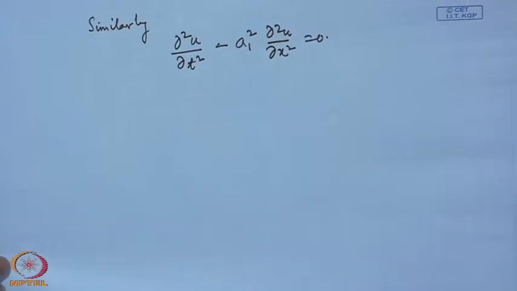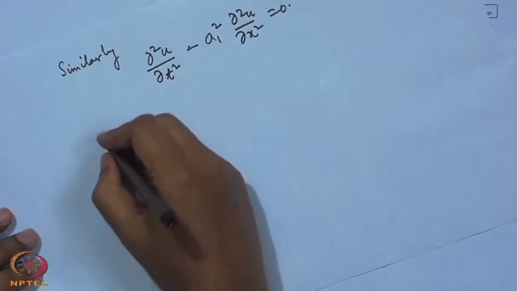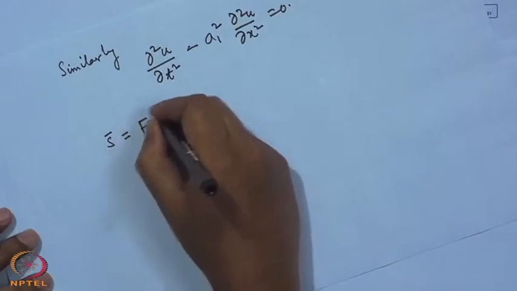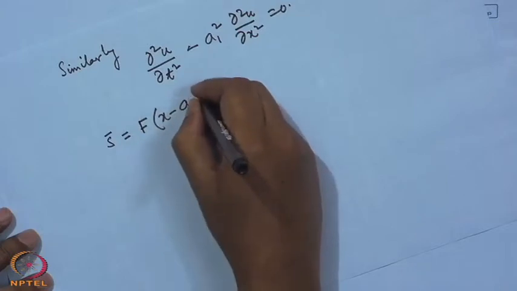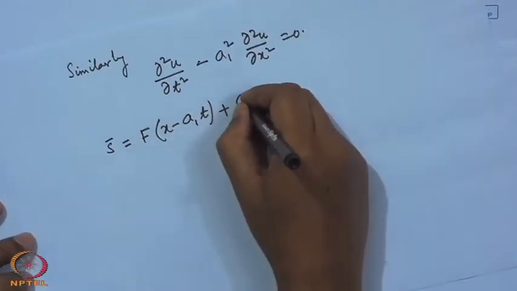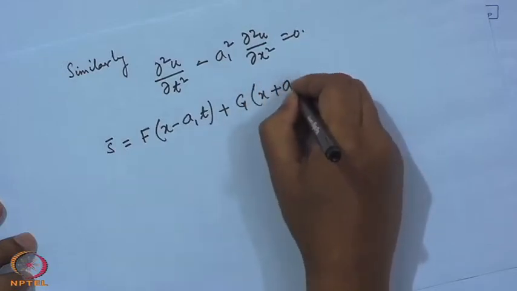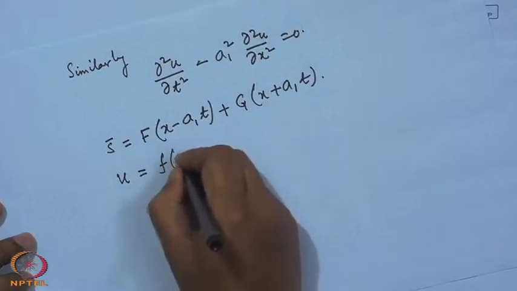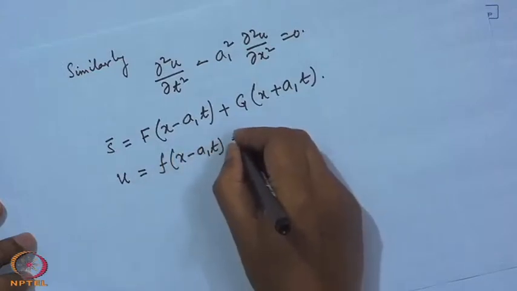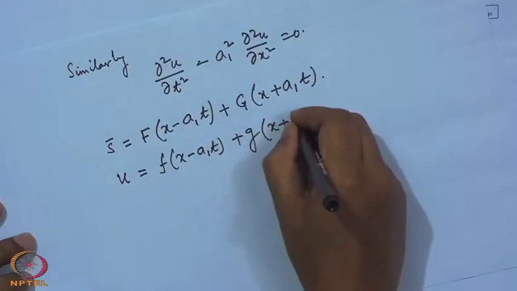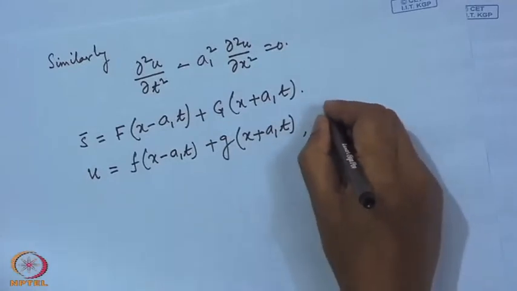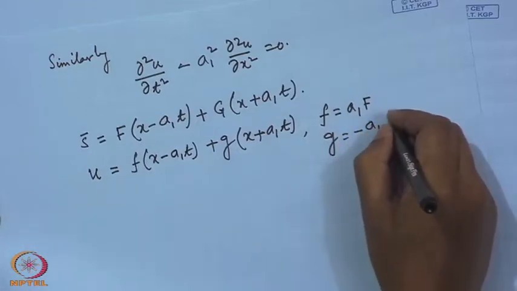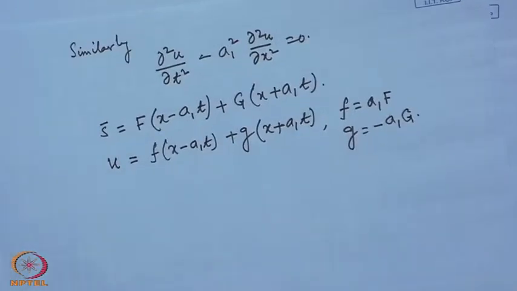Now, the general solution for these wave equations are given as x minus a 1 t plus g of x plus a 1 t, and u equal to f of x minus a 1 t plus g of x plus a 1 t, where f equal to a 1 f and g equal to minus a 1 g.